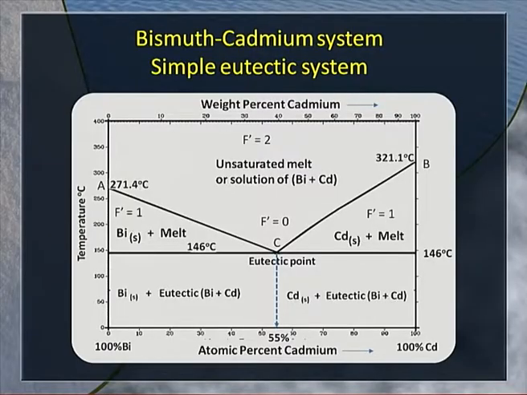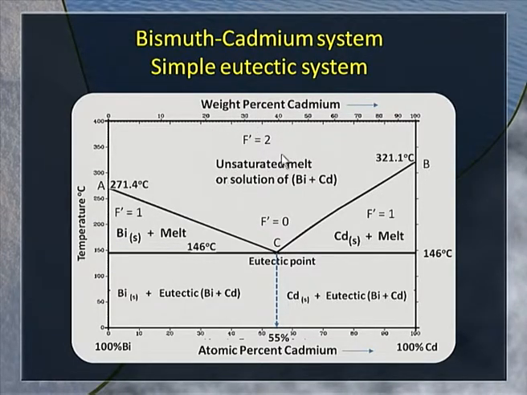And you can clearly see that in this system, the eutectic temperature is much lower than the melting points of the two metals from which it is formed. The curve AC is called the solubility curve of bismuth, and similarly curve BC is called the solubility curve of cadmium, and the values of degrees of freedom are shown.